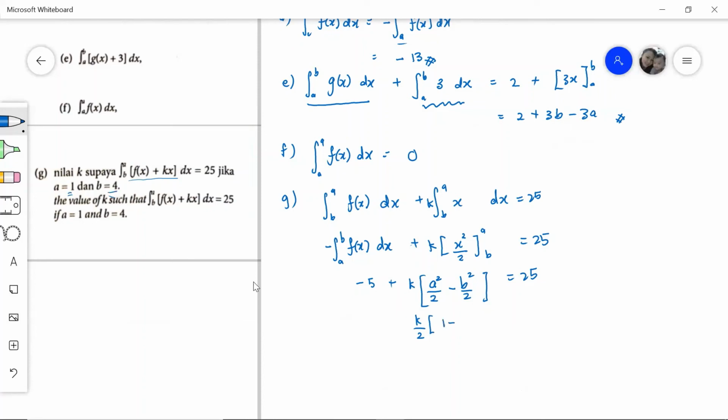So 1 minus 4 squared, so 16, equals 25 plus 5. Bring this over, 25 plus 5, so it's 30. Therefore, -15 over 2 k equals 30. So k equals 30 times 2 divided by -15. So we simplify this, we have -4. So we found k to be -4.